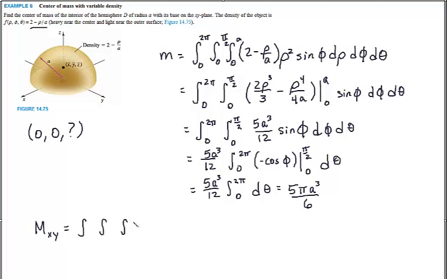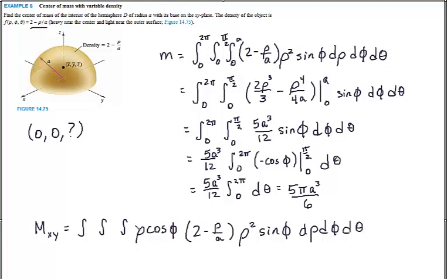It's a triple integral, and it's going to be z times our density equation, and my z, I need to write that in terms of my rho, and so that means instead of z, I'm going to be writing rho cosine phi by definition of spherical coordinates, and then my density equation, 2 minus rho over a, and then it's just going to be the same as the other, rho squared sine phi d rho d phi d theta, with the exact same limits of integration that we found before.